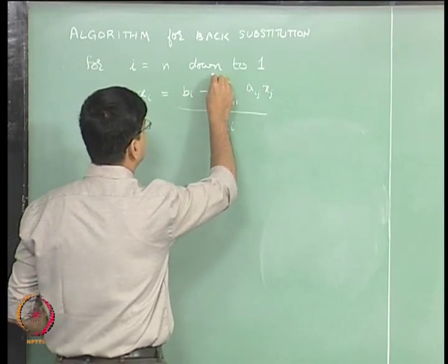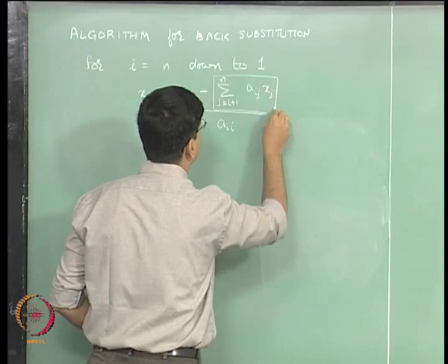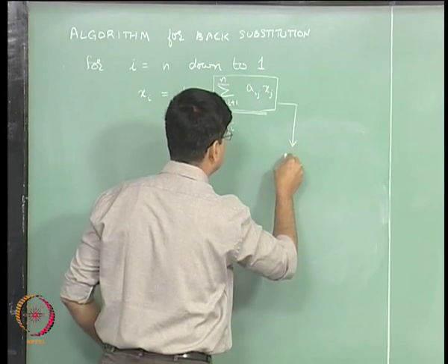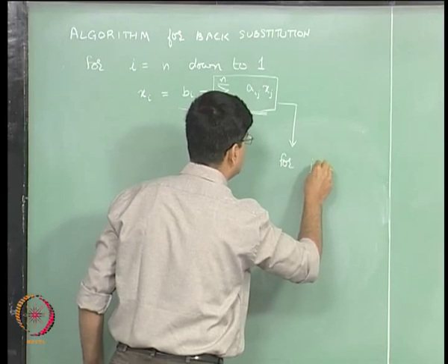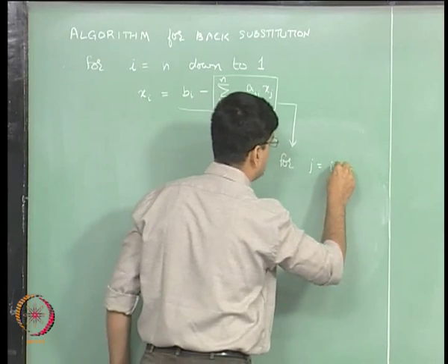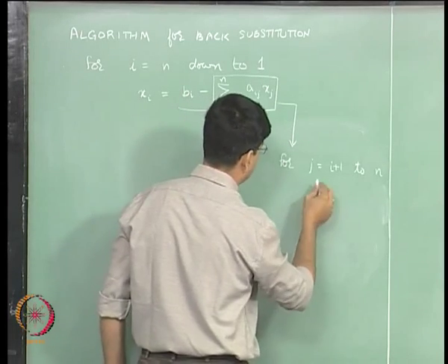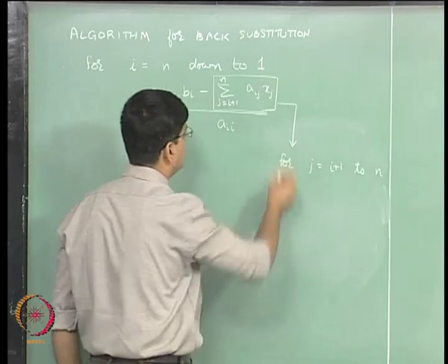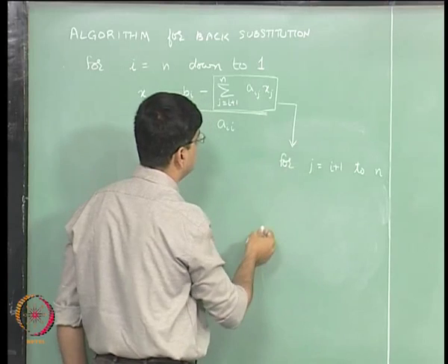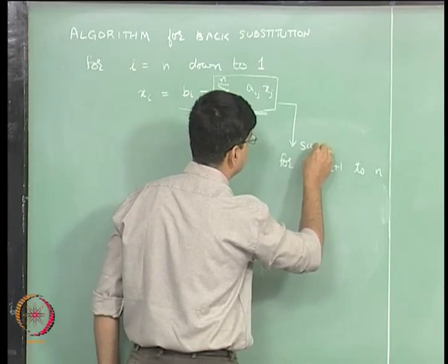Where the summation itself, we are going to compute this as for j equal to i plus 1 to n. Let us call this particular term as sum.